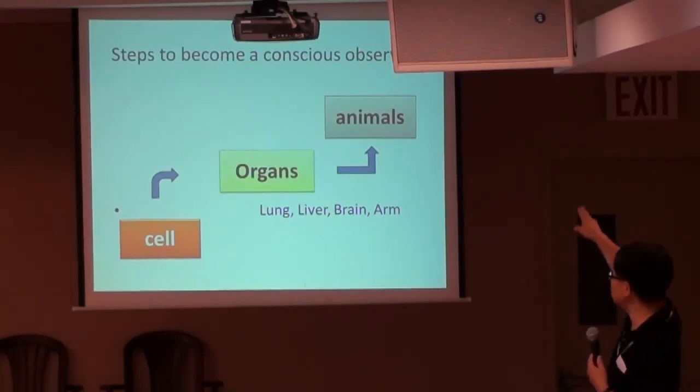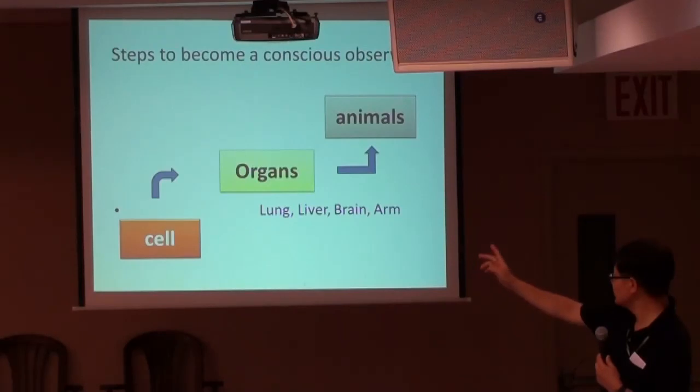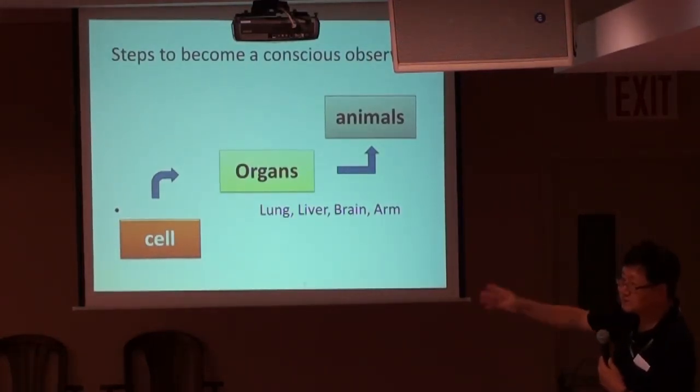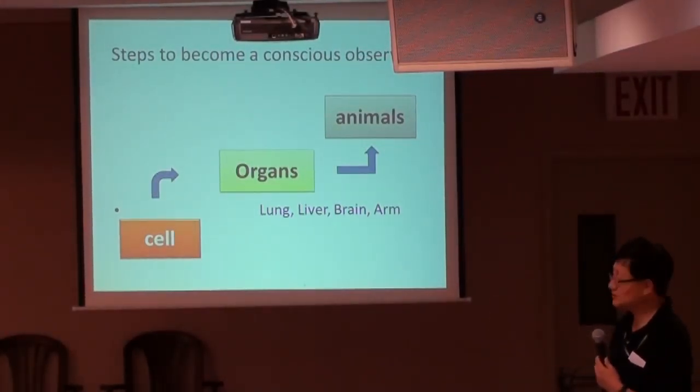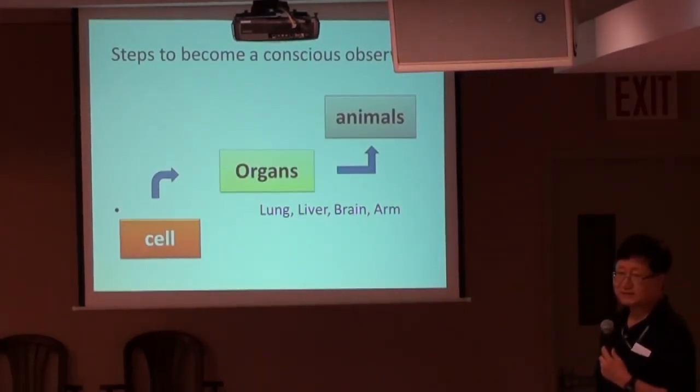Those things on top here. They never talk about below the animals. How does a cell become organs, and organs become an animal? Or how does an element become a protein and protein become one cell? They don't talk about those things. They only talk about the top. But still that's a problem, a lot of problems. But they don't talk about what comes before. Why? They cannot answer. They cannot prove.